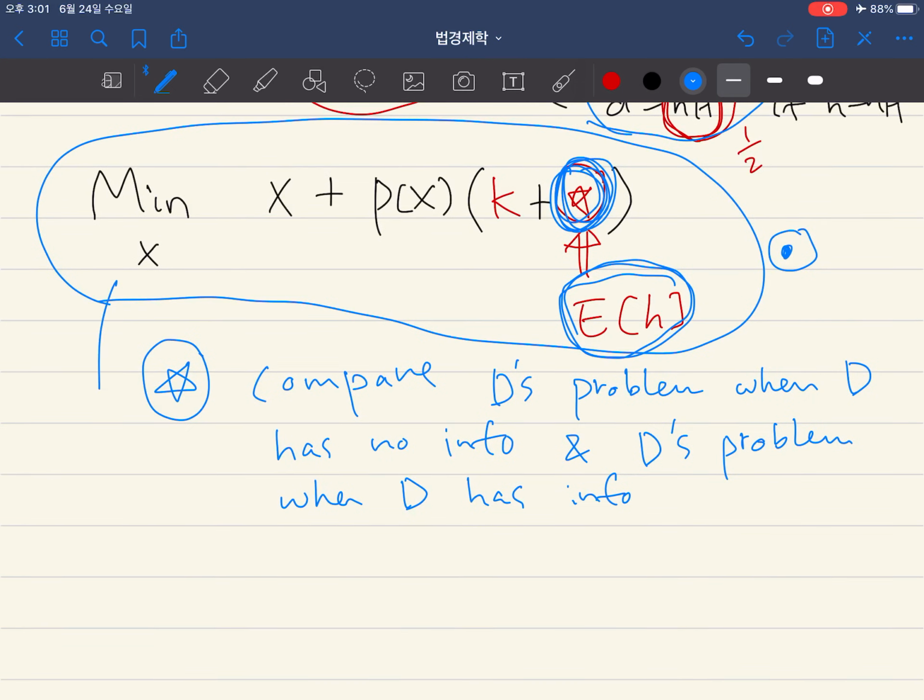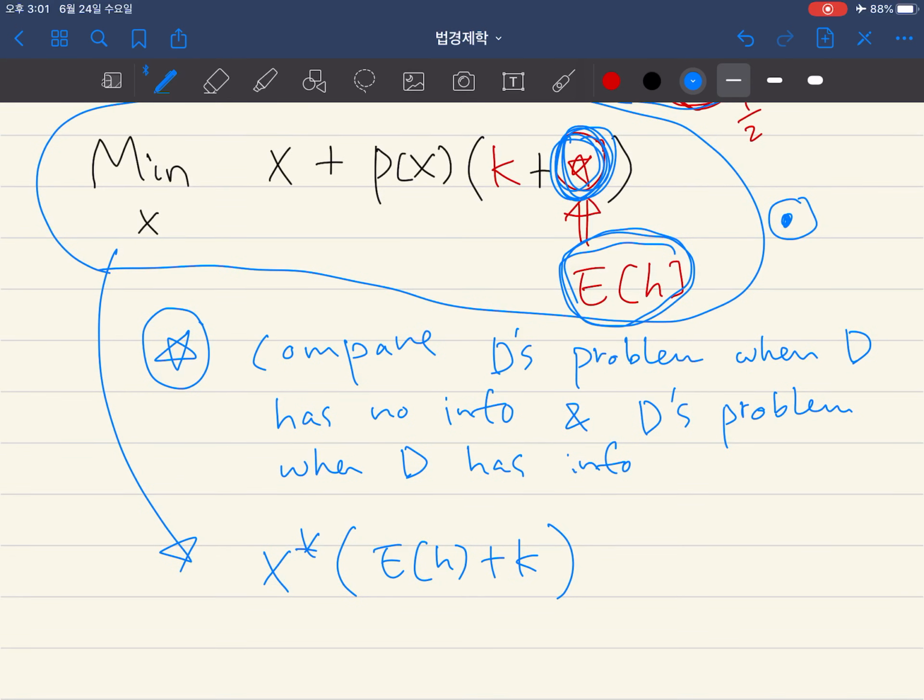So therefore, if we solve this problem, we get this solution. And as you can see here, this expression is not changing depending on the level of harm.